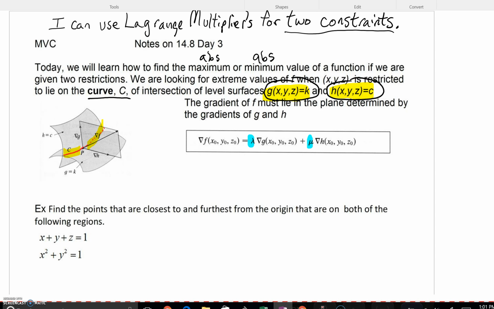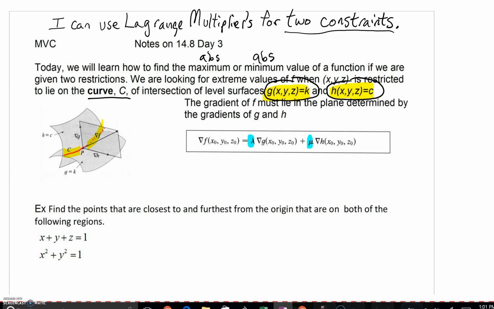You could say, all right, so that curve is satisfying the points where G would equal K and H would equal C. But remember, now we'd like to say just on those points where we're assuming that F would also be located, we'd like to find where F would be the absolute biggest and smallest.